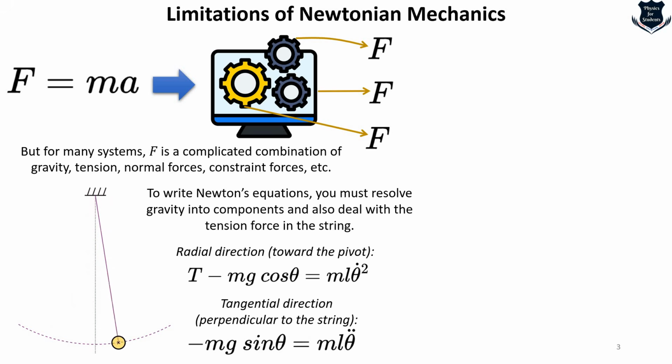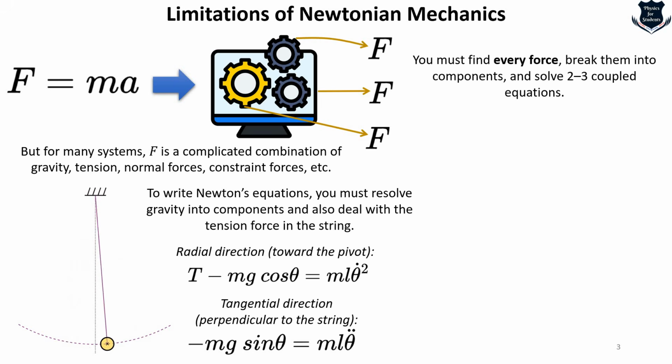Then we have to consider the tangential direction, which is perpendicular to the string. Just as the topmost illustration shows that we have to divide force into various components, here also we have to consider various components when we describe a single pendulum using Newton's equations.